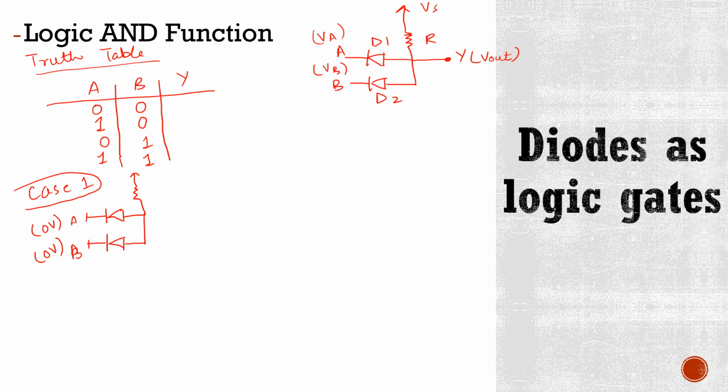Now if we have a supply voltage of plus 5 volts, this is R and this is Y, that is output. Now we know that when positive voltage is applied to the positive terminal, that is anode of diode, then it becomes forward biased. It means it is in conducting mode.